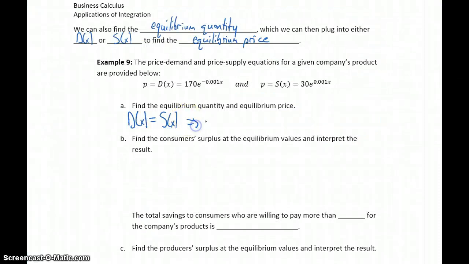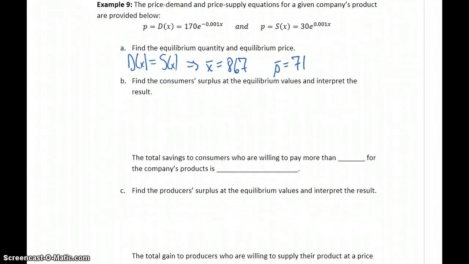So solving here, we get a value for X bar of approximately 867, rounded to the nearest whole number, and then plugging that value into either the price demand or price supply equation gives us a value of 71. So our equilibrium price is $71. Equilibrium quantity is 867.